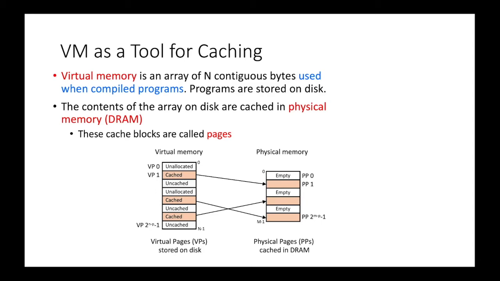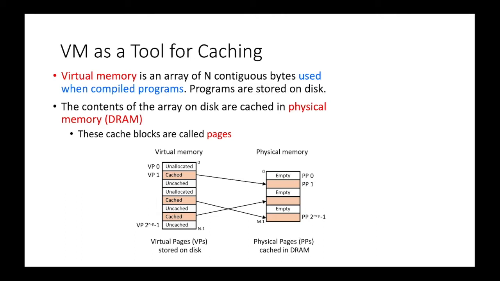Programs stored on disk are compiled with virtual memory by the compiler, and their virtual addresses are cached into physical DRAM. A cache block or cache line in this situation is called a page.